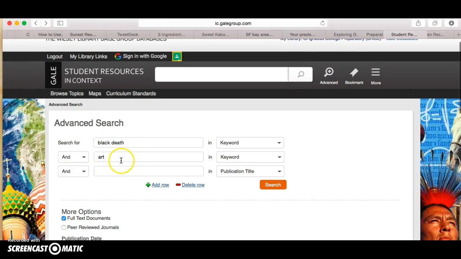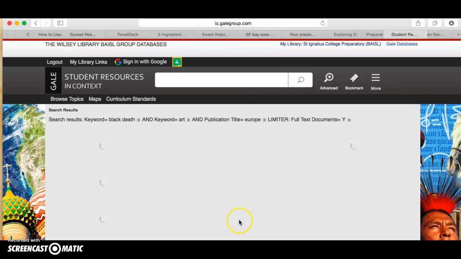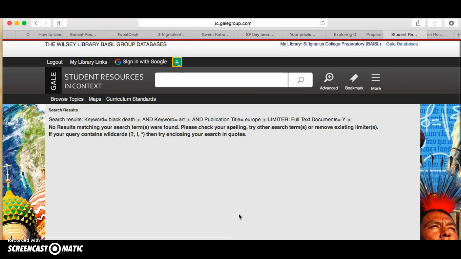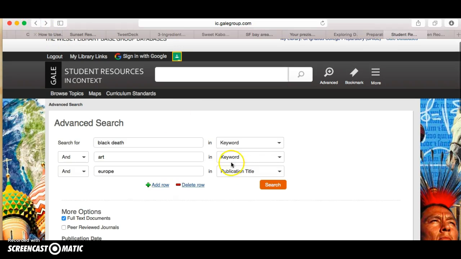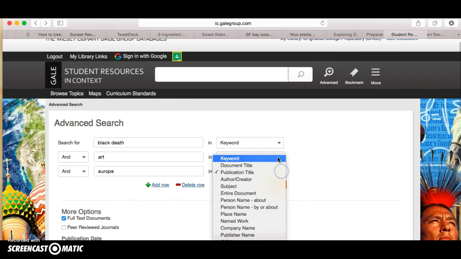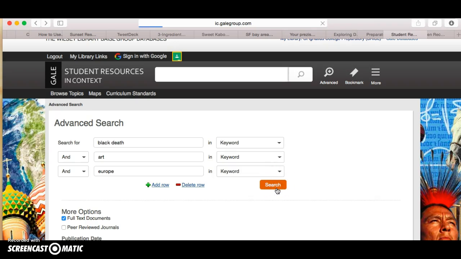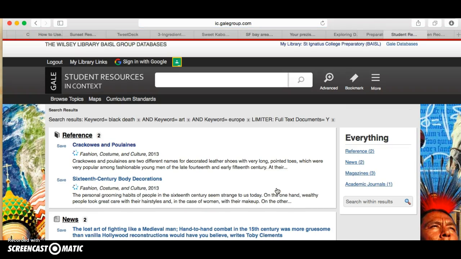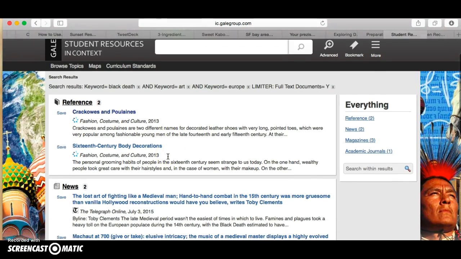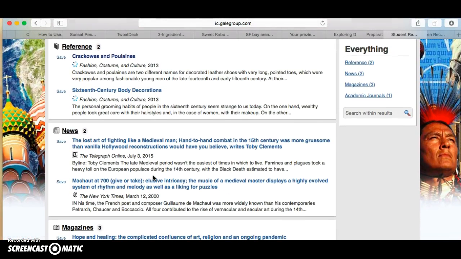We could say Black Death, art, and Europe. Oop. Now, I've got two. Oh, because I had that in publication title. Let me put that in keyword.